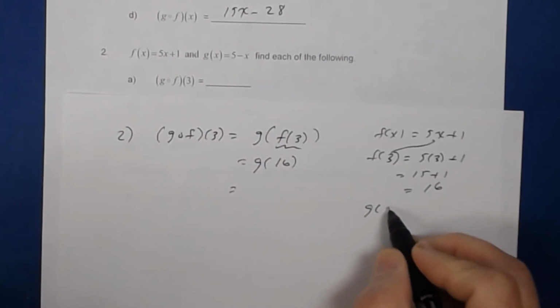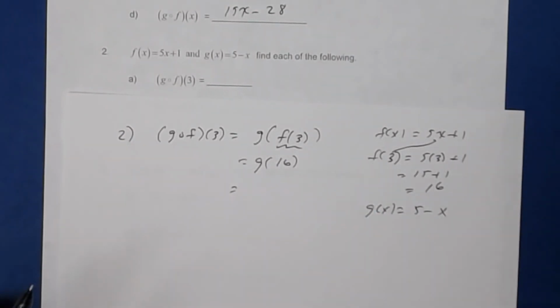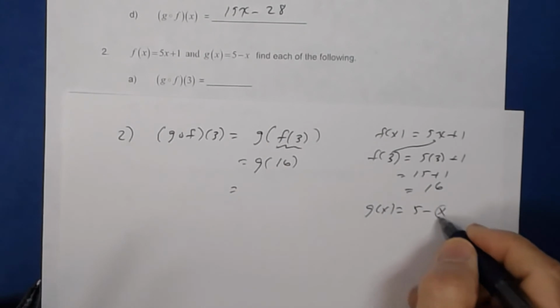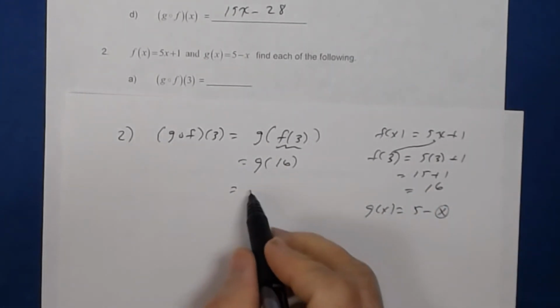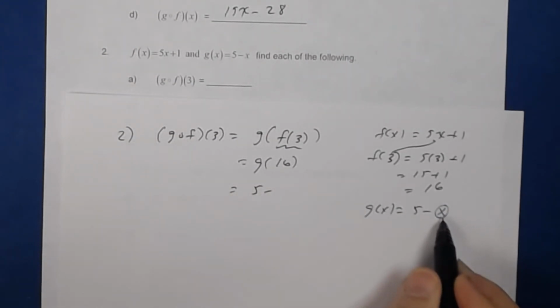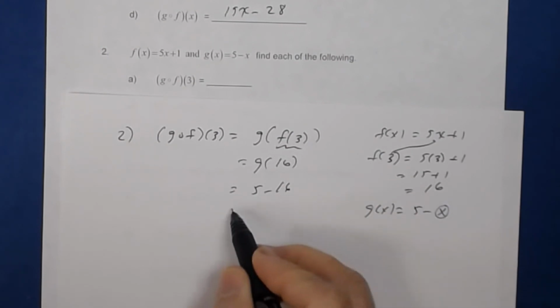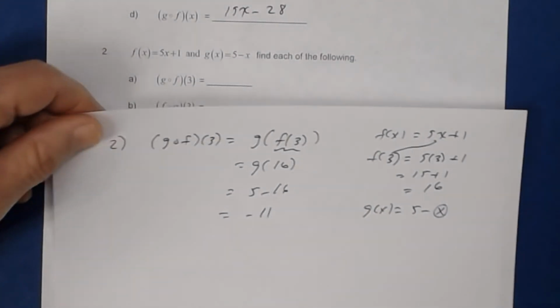Okay, so here's g of x. All right, and where we see the variable x, I'm going to substitute 16. So it becomes 5 minus, replace x with 16. So that's 5 minus 16, which is a negative 11. So number 2, you get negative 11.